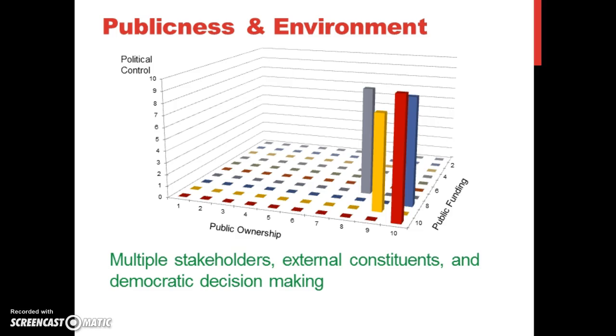This means that organizations are funded by individual taxpayers rather than specific customers. The third dimension is political control. If an organization is affected by government decision-making, that organization holds a certain degree of publicness.